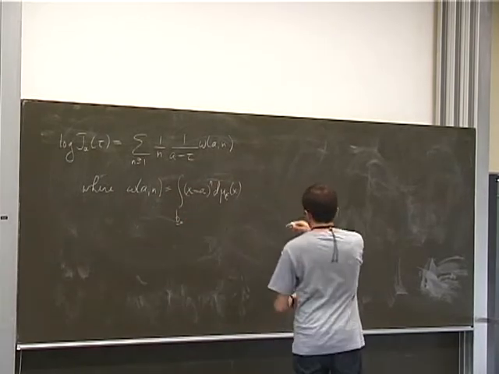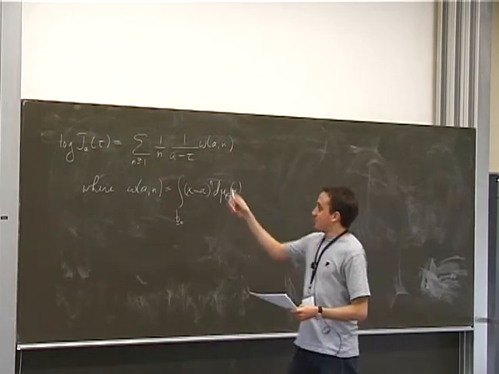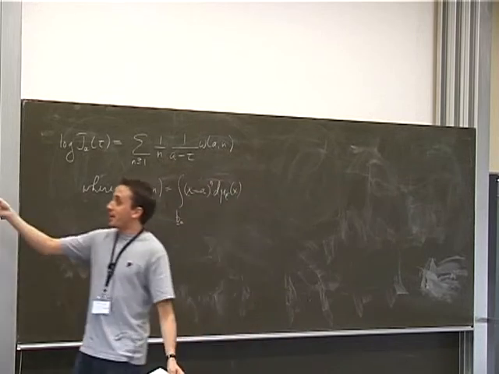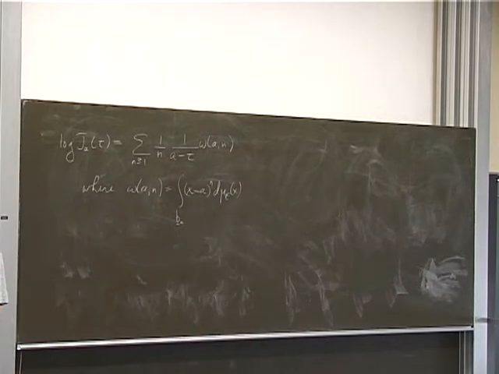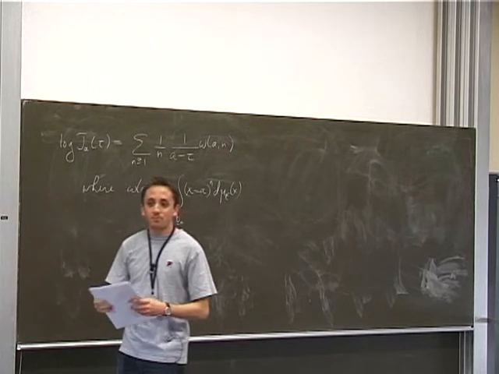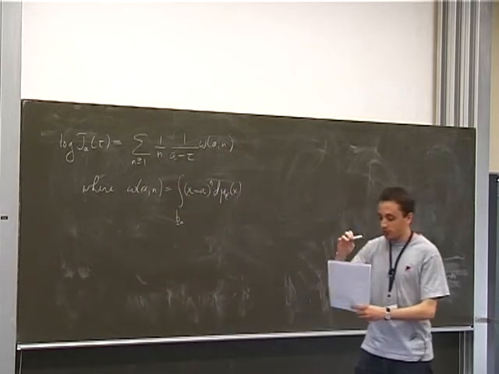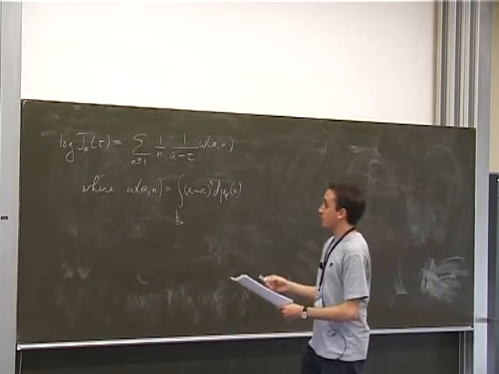All right. And so this is just a Taylor expansion. You have to add and subtract a here to be able to use the usual Taylor expansion, but there's nothing really going on here.